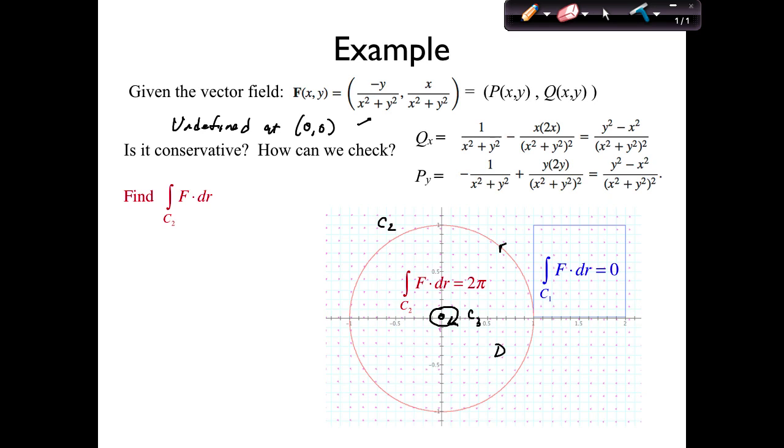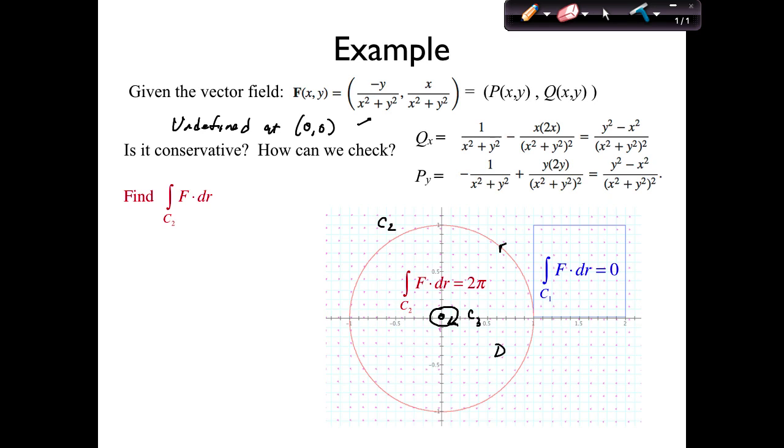So we're going to find the line integral around the teeny hole in our region D. And what do we expect to get? If we expect to get negative 2 pi, then everything's right in the universe again, right? Because then our line integral truly is 0, because it consists of the two different paths.